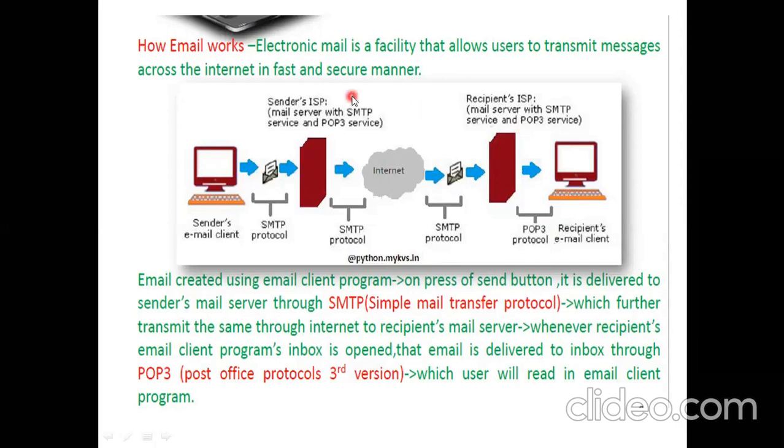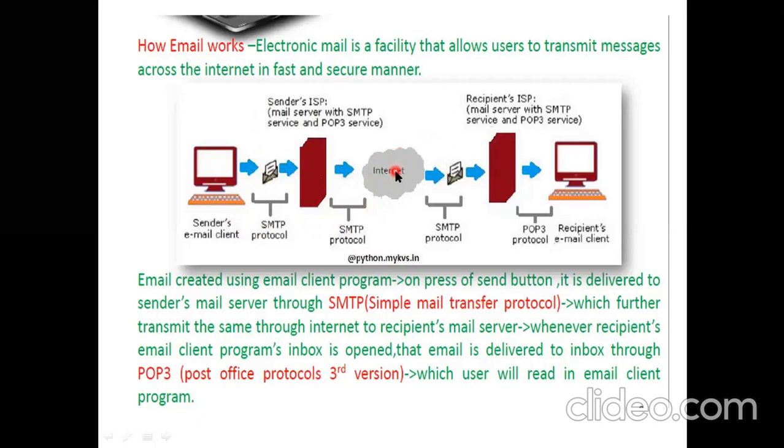What actually happens when you create a mail and press the send button from your node is that the mail is sent to the server with the help of the SMTP protocol. SMTP is used for sending your mail and taking care of it while it goes from one place to another. The mail will go first to your mail server, and from there it goes into the internet, which already has TCP/IP.